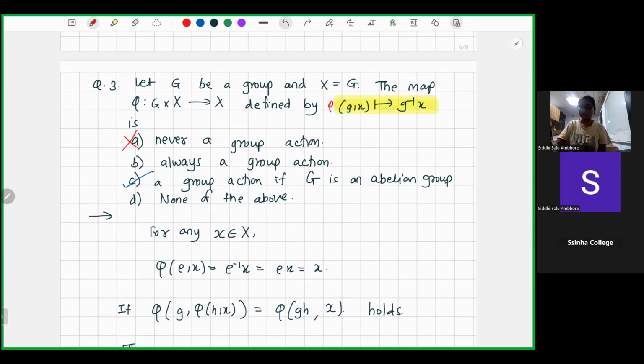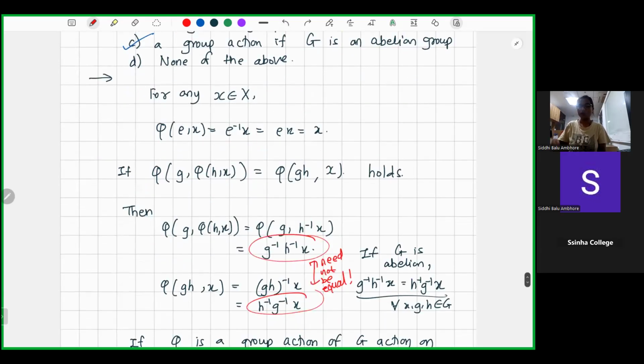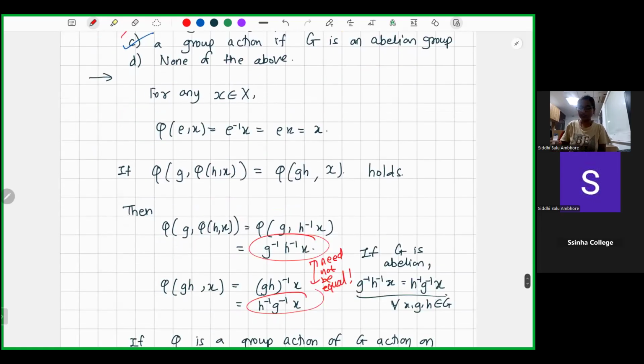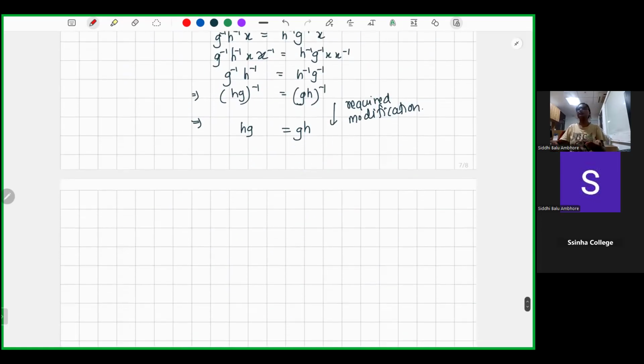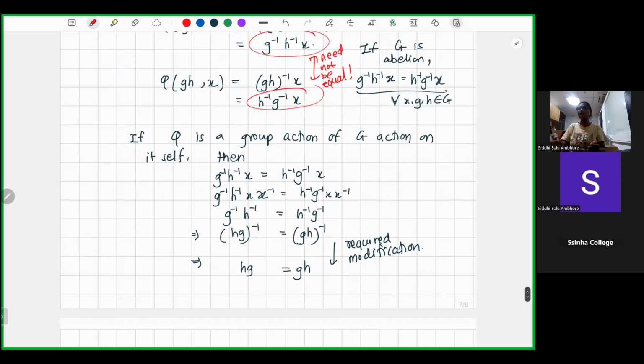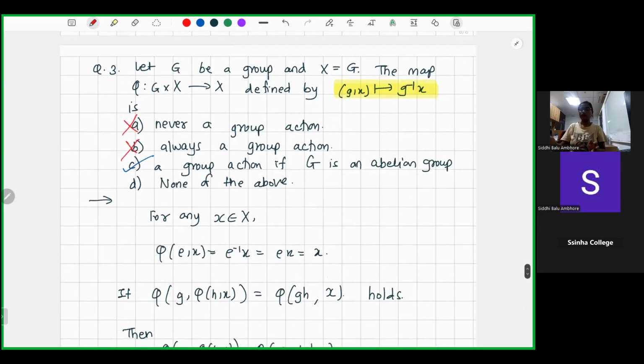And that will give me that this phi here is not a group action in general. So it is a group action when G is abelian. We just arrived at the condition by assuming that phi is a group action. Therefore, if G is an abelian group, then we get that this Gx going to G inverse x is a group action. Is this okay?